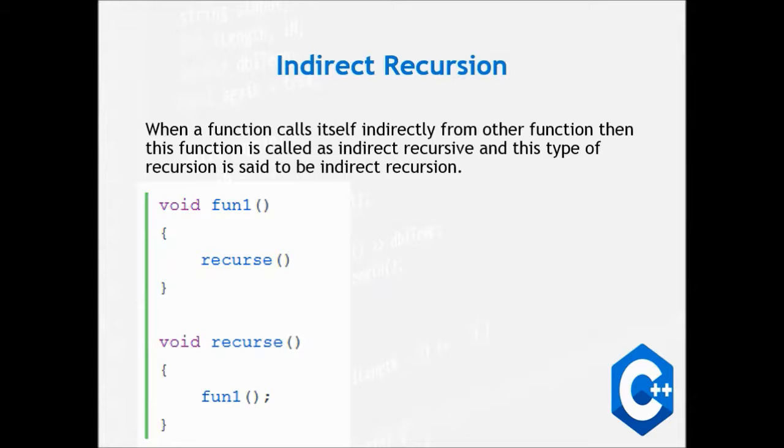For example, we have a function we name fun1, and in this function we call another function recurse, and we have a second function with the name recurse, and in this function we call the function fun1. So in the main program, when control goes to one of these functions, the compiler sees that these two functions call each other from their bodies.